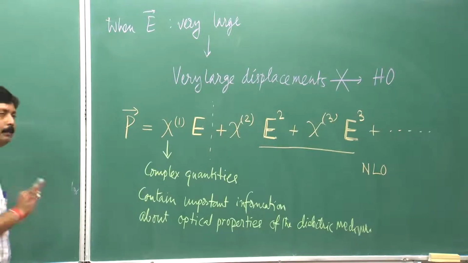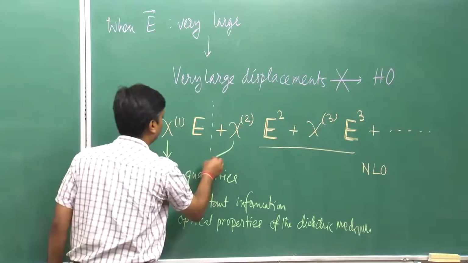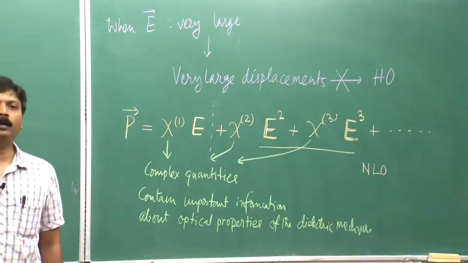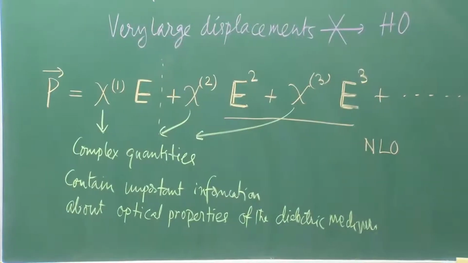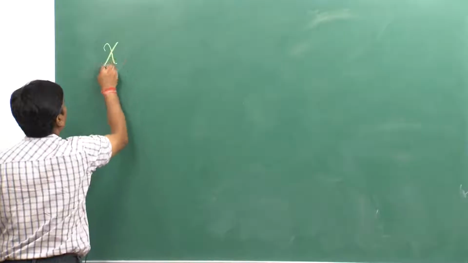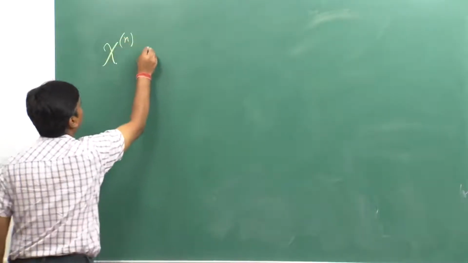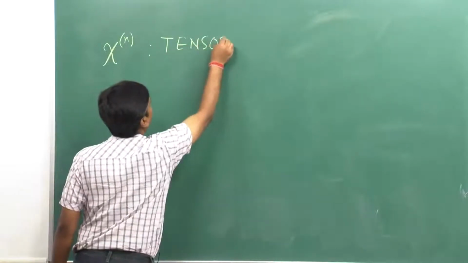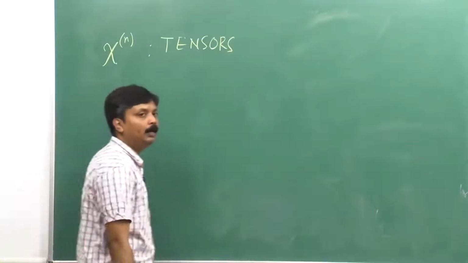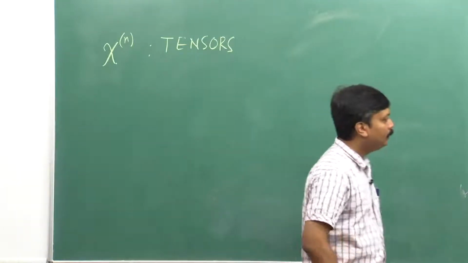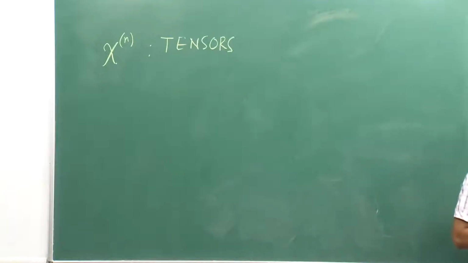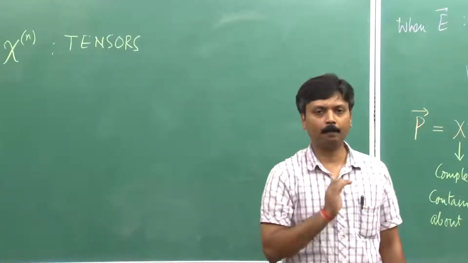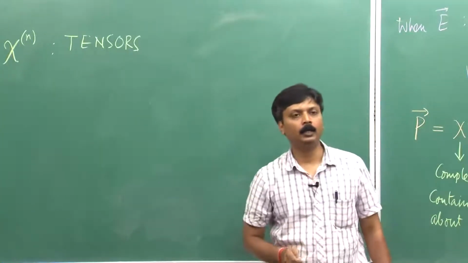One more important aspect of this chi is that they are tensors. Why am I calling them a tensor? Think about this situation. I bring in an electric field oscillating in a particular direction. So, I have a linearly polarized light.